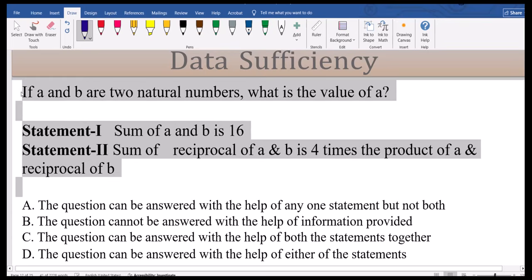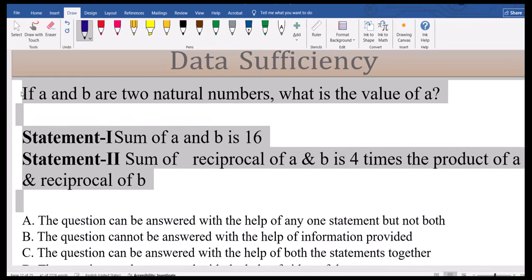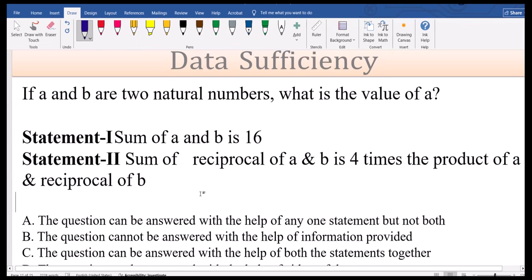A and B, any doubts please ask. A and B are two natural numbers. What is the value of A? Clearly one alone not possible. One alone waste. Try two alone.